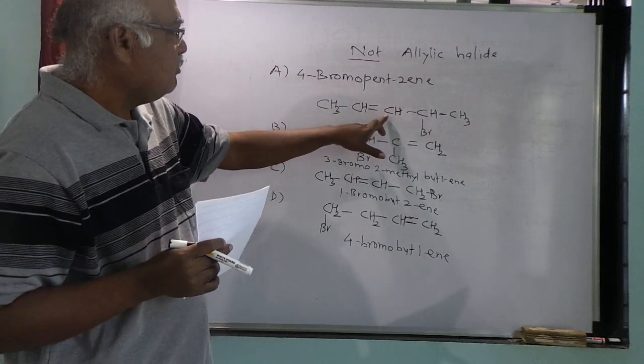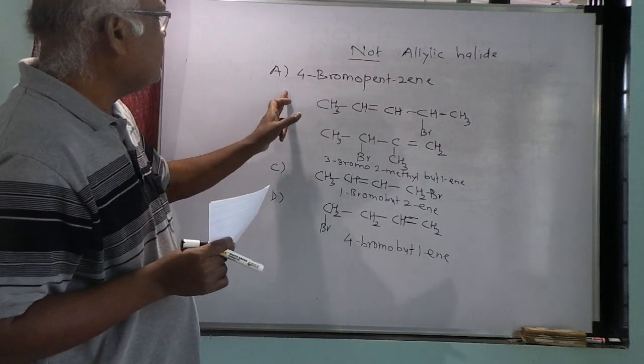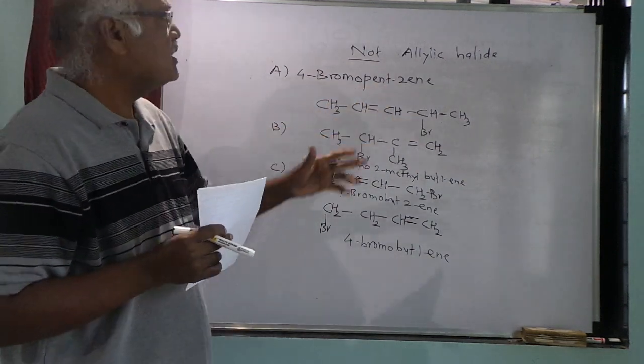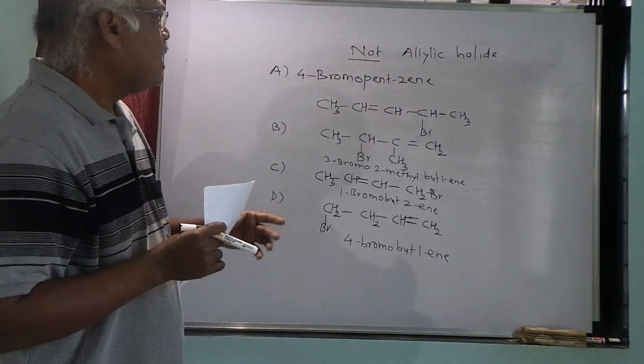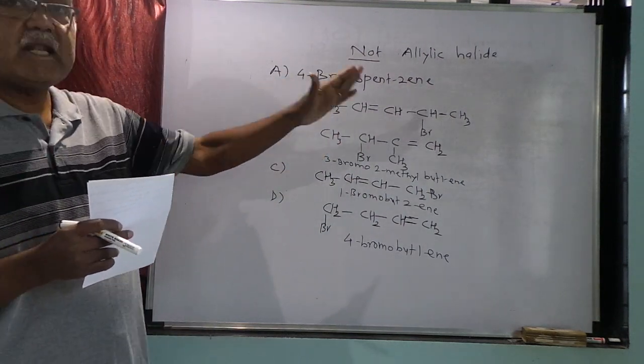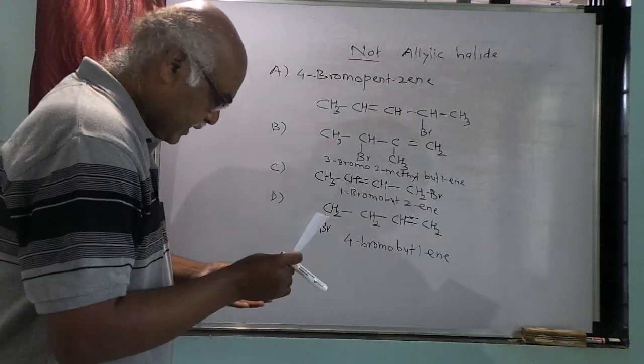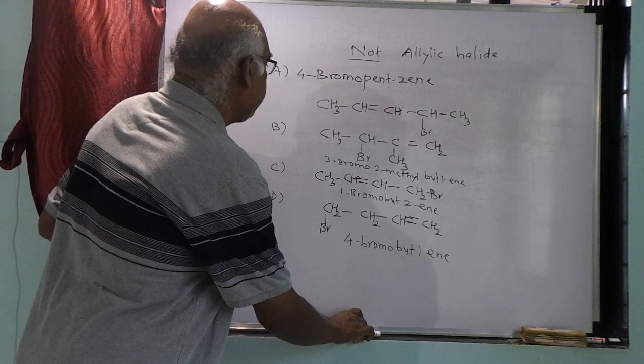So next carbon which is double bonded, this will be sp2 hybridized. So the first example 4-bromo pent 2-ene is nothing but it is allylic halide. So our first option is wrong. Wrong means first option is allylic halide and we want not.